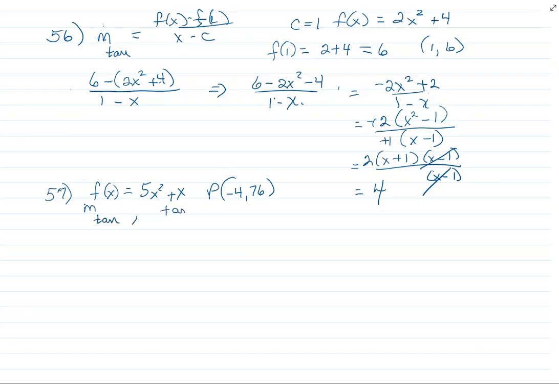So we're going to find our m tangent first. And that's going to be 5x squared plus x minus 76 on top, and on the bottom, I'm going to have x minus a negative 4. Did I lose anybody?